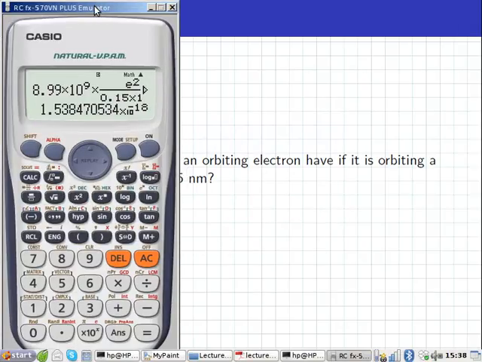Do you get this one? You got this one. 1.54 times 10 to the minus 18 joules. What is this in? Pico is 10 to the minus 12, 15 is femto, 18 is septo. 1.54 septojoules?